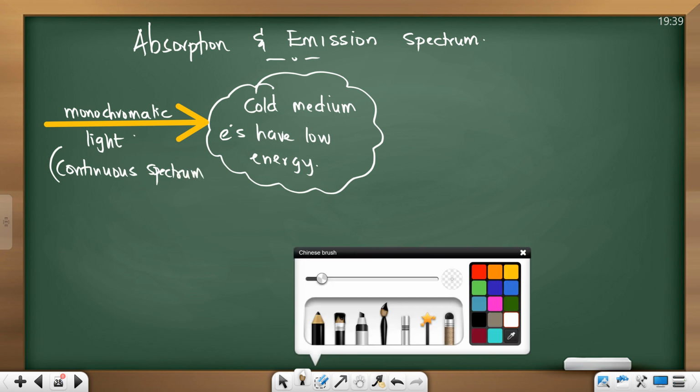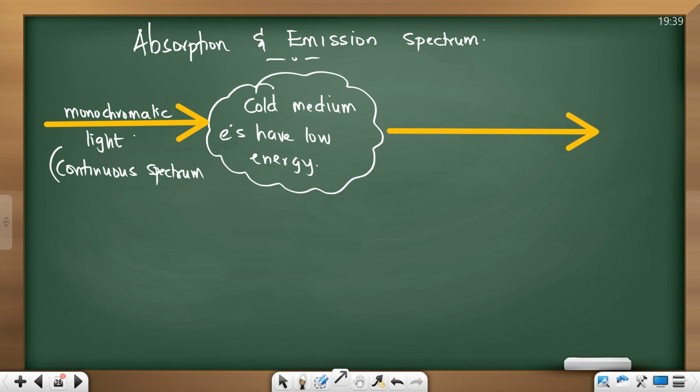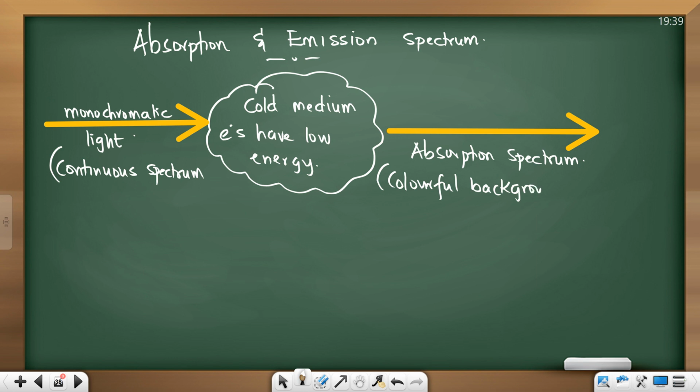What we are going to see here will be an absorption spectrum. I'll give you a picture now to quickly help you. Absorption spectrum. All right, it's a colorful background with black lines. Black lines represent missing photons.